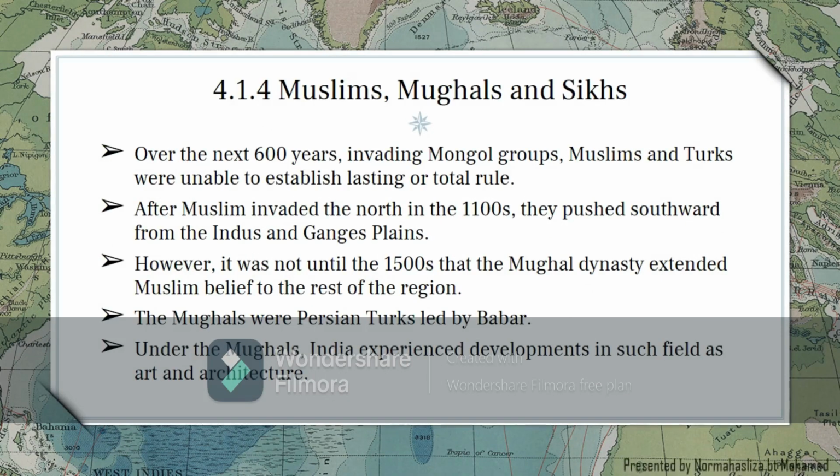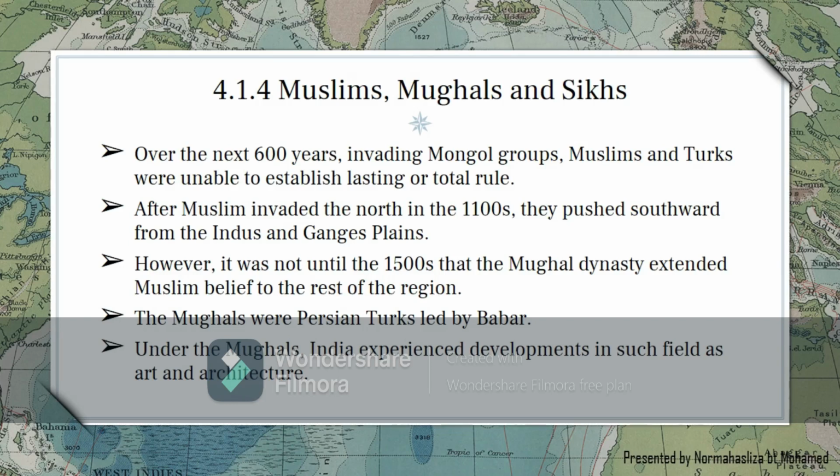Over the next 600 years, invading Mongol groups, Muslims and Turks were unable to establish lasting or total rule. After Muslims invaded the north in the 1100s, they pushed southward from the Indus and Ganges plains. However, it was not until the 1500s that the Mughal dynasty extended Muslim belief to the rest of the regions.